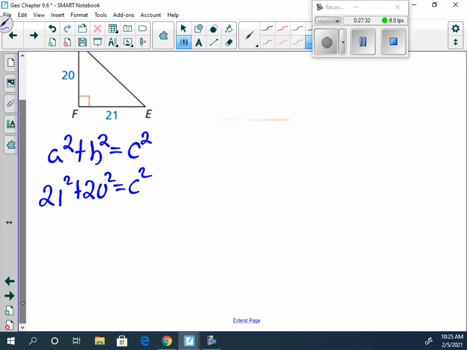And again, at this point here, I don't expect you to memorize these out. But we can plug them into a calculator. 841, because 20 squared is 400, 21 squared would be 441. And we get this here.